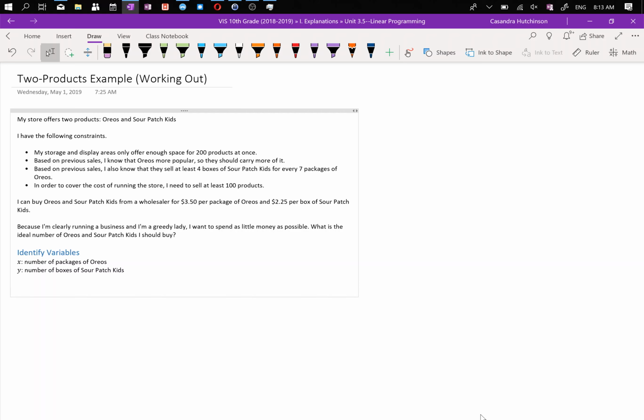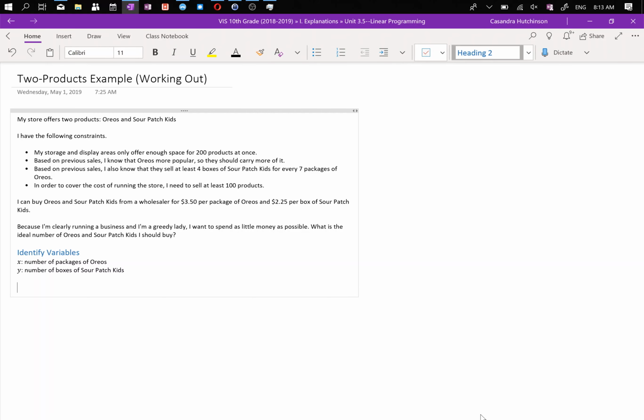So the next thing I want to do is identify my objective. So objective function. What is it I'm trying to do? I'm trying to spend as little money as possible. The fancy math word for this would be to minimize my cost. So cost starts with a C, which means I'm going to call my function C. And it takes inputs, these two different products.